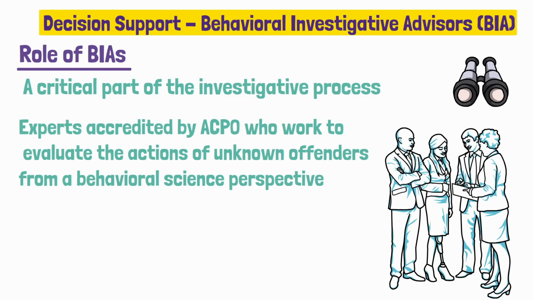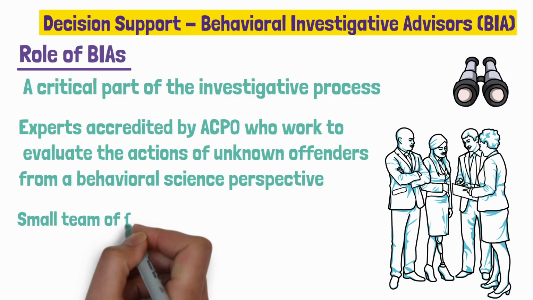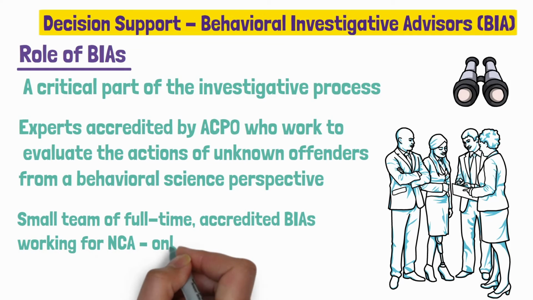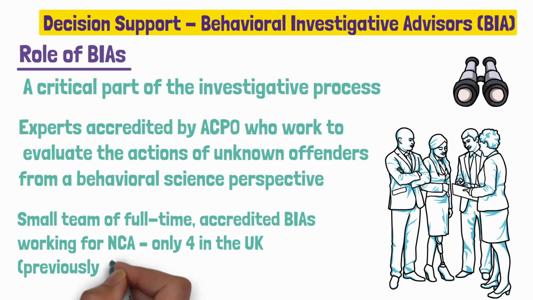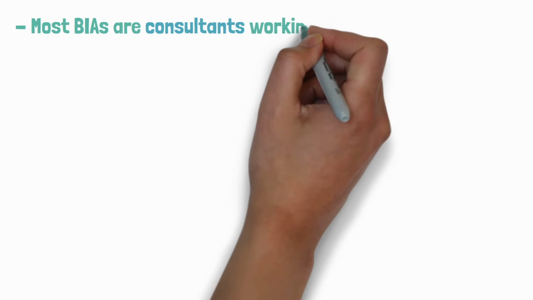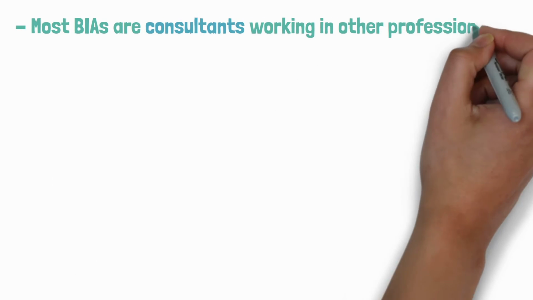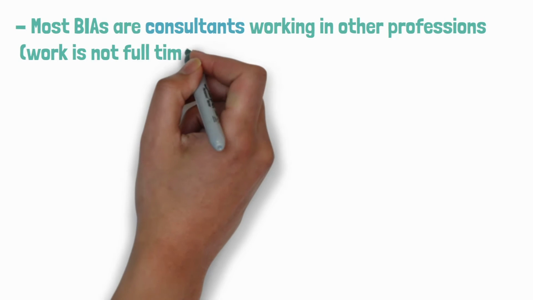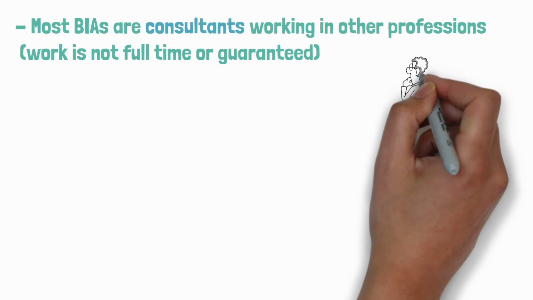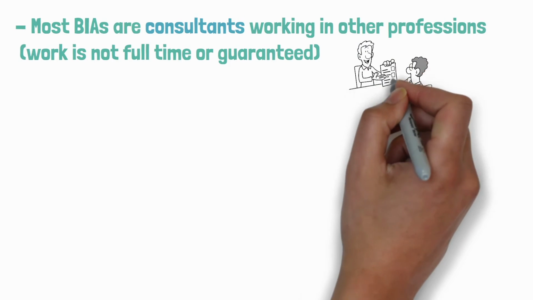They are typically formed of a small team of full-time accredited behavioural investigative advisors working for NCA. There are only 4 in the UK and it was previously called the NPIA. Most behavioural investigative advisors are consultants working in other professions, as the work is not necessarily full-time or guaranteed. Their role is to advise the investigation by evaluating actions of unknown offenders from a behavioural science perspective.